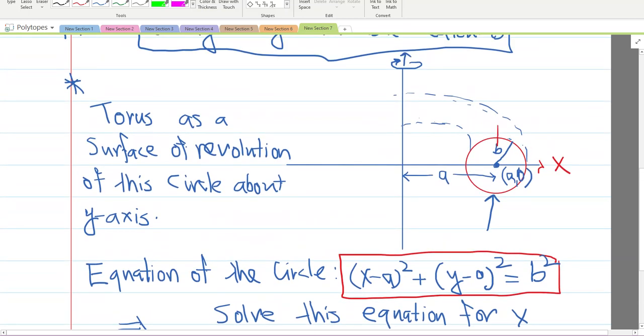In this graph, that is the right half of the circle. If we take the negative, x equals a minus the square root of b squared minus y squared, which is the left half of the circle.